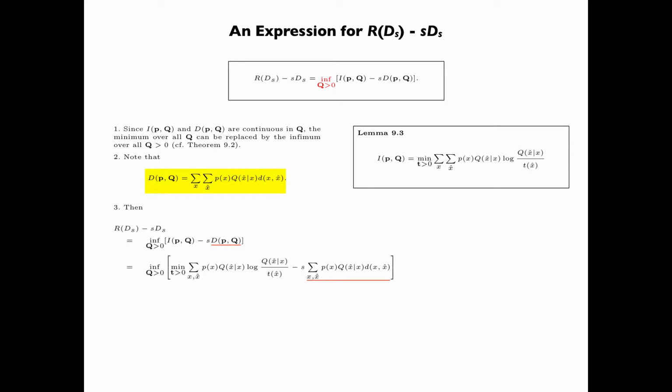Now observe that this double summation does not depend on T, so we can move the minimum over all T strictly positive outside the square bracket. This will be the expression for R(D_S) minus S D_S that we will be working on for the minimization algorithm.